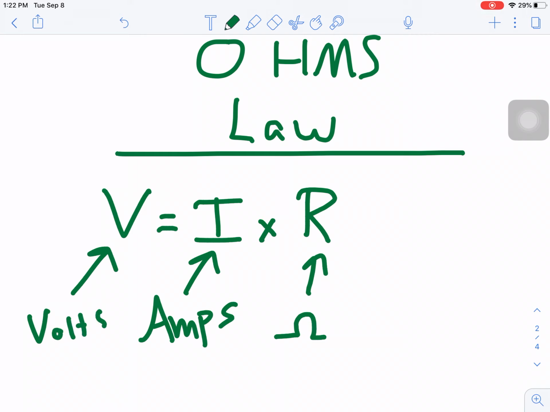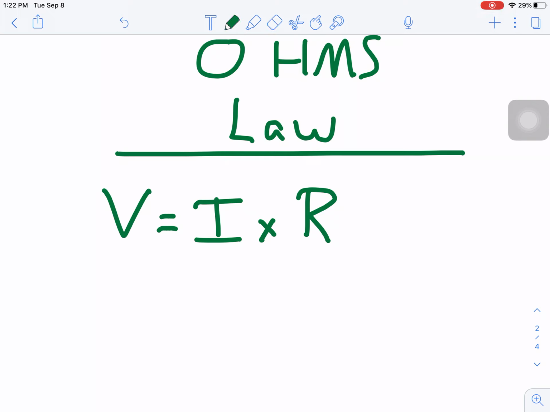Obviously, this is volts. So our first rule says that the pressure in a circuit, the voltage, is equal to the current, or the amps, times the resistance. That is formula number 1. Formula number 2 says the current, again in amps, is equal to the voltage divided by the resistance.